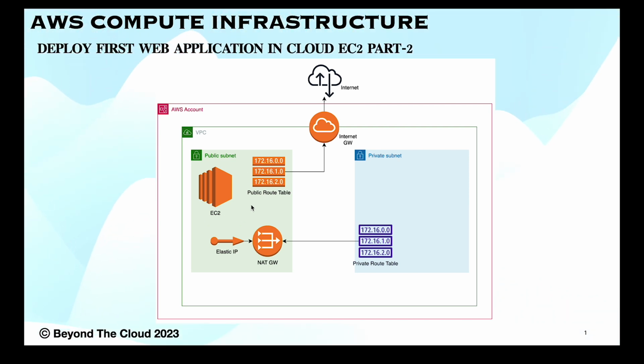To keep the EC2 instance in a private subnet in an actual production environment, you just have to tweak the subnet settings that I will show you in the EC2 instance. That's it. Apart from that, we don't have to do anything else. But again, to keep this video very simple, we have placed this EC2 instance in a public subnet.